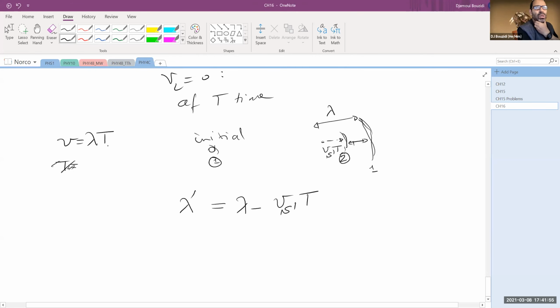From the vantage point of the source, it's true. From my vantage point, I know sound travels with a velocity v, but I'm perceiving it at a different wavelength, lambda prime, so I need to really write it as lambda prime times T prime for me. Okay, why did I put lambda times T?